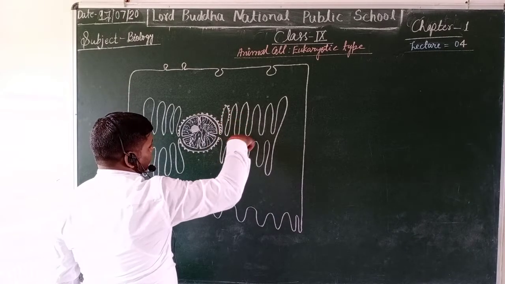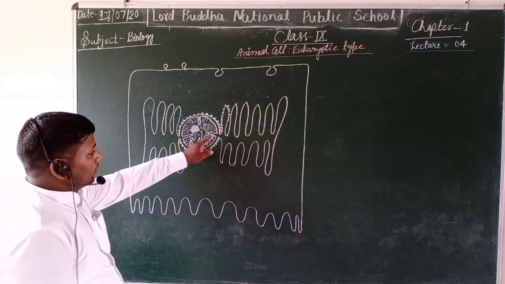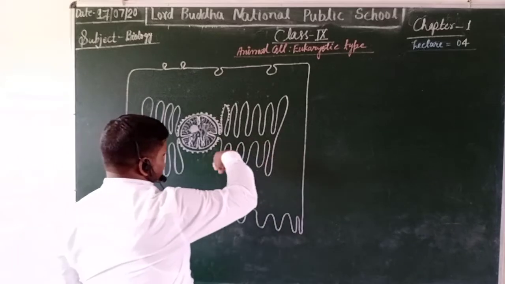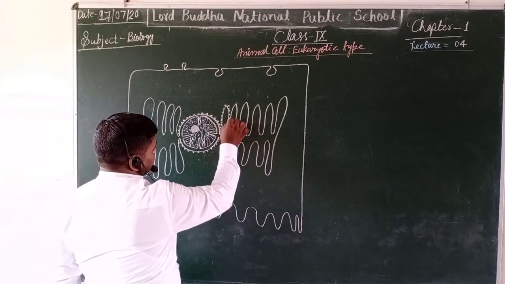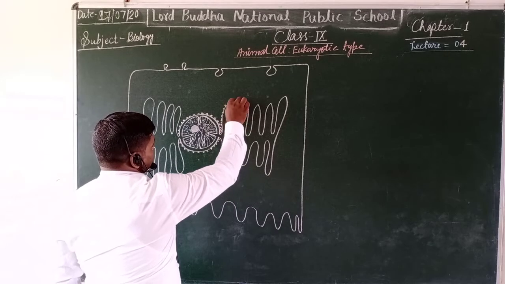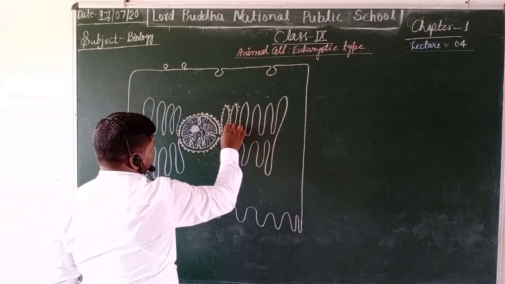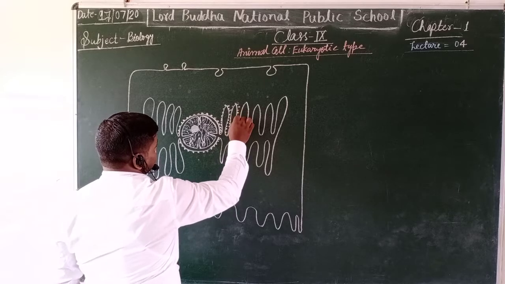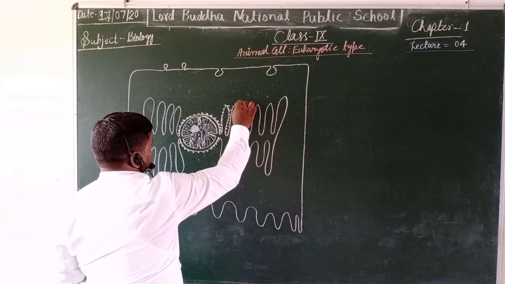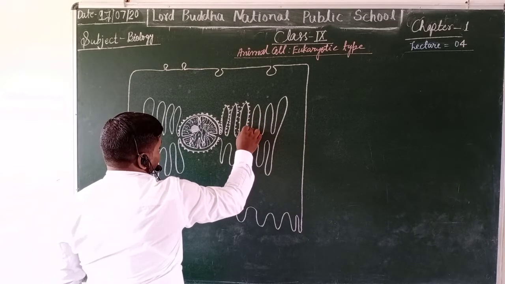These are endoplasmic reticulum, the finger-like projections which originate from the outer membrane and spread over the cell. These finger-like projections are regarded as endoplasmic reticulum, and the presence of ribosome particles on its surface is said to be rough endoplasmic reticulum.